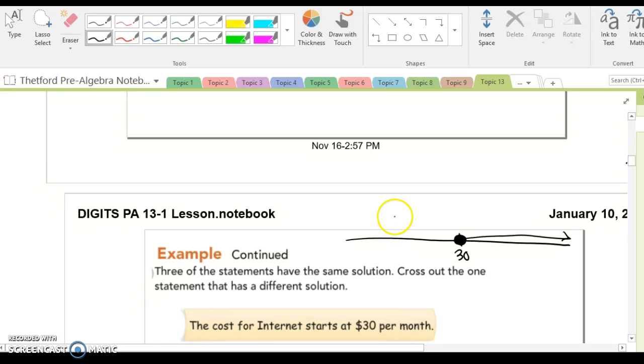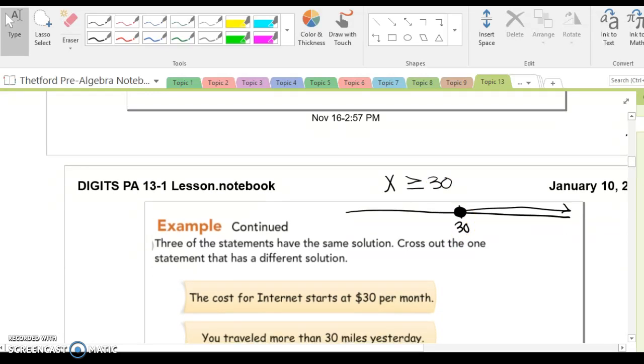We know that the cost, I'm going to call it x, has to have something to do with 30. So it's going to be greater than or equal to 30, because the larger side of my inequality needs to be my cost and the smaller side needs to be 30, because that's the smallest number that it could be. So that's another example as a word problem.